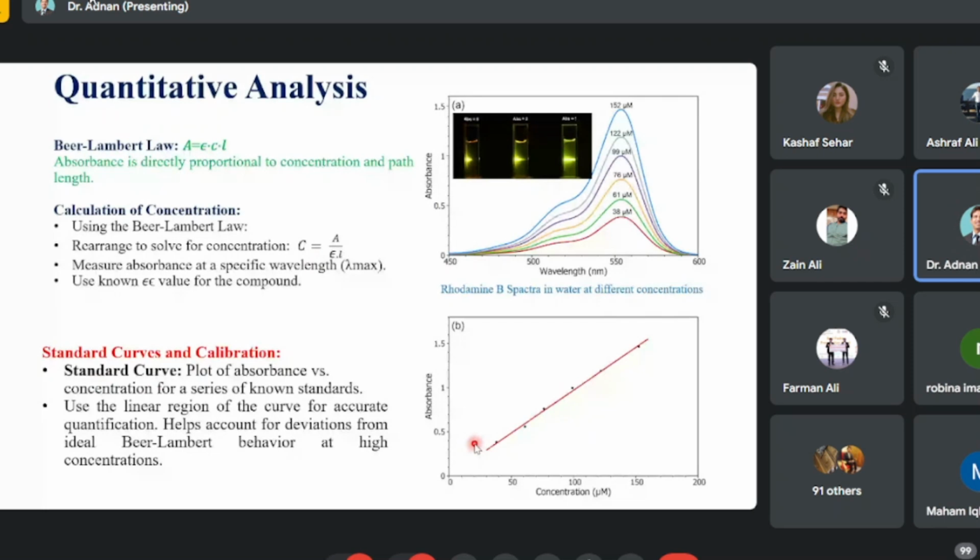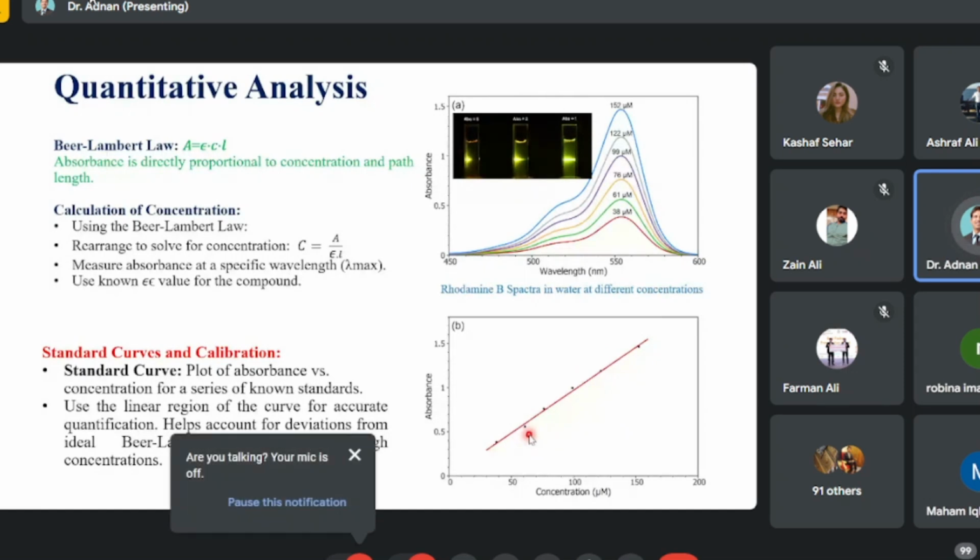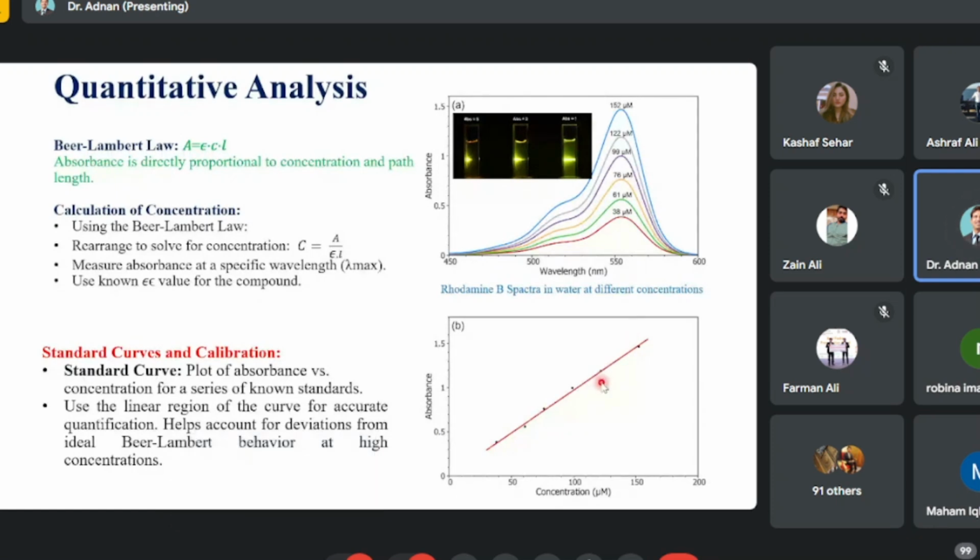For example, for rhodamine, you can take 30 micromolar, 38, 61, 76, 99, and up to 152 micromolar, and it gives you a linear relationship. And the linear relationship tells you the limit of that substance that can be determined. If this line is deviating from linearity, then till that point you can analyze your samples, otherwise you cannot.